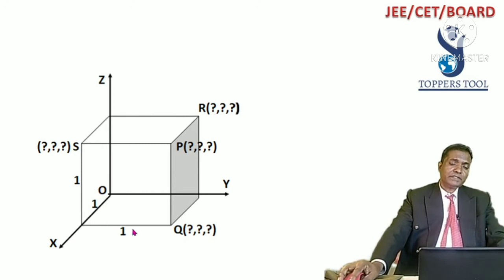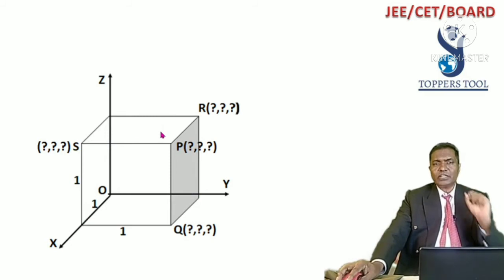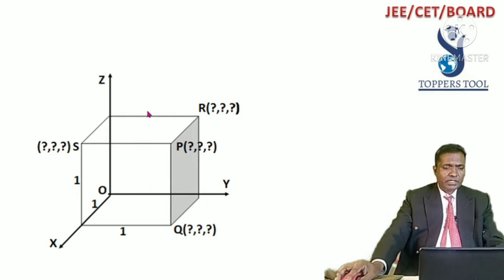Now you have to identify the coordinates of the points P, Q, R, S. As it is given that the length of each edge is 1 unit, this is 1 unit, this is also 1 unit, this is also 1 unit. So every edge is of 1 unit.